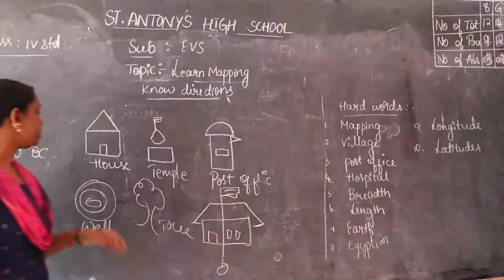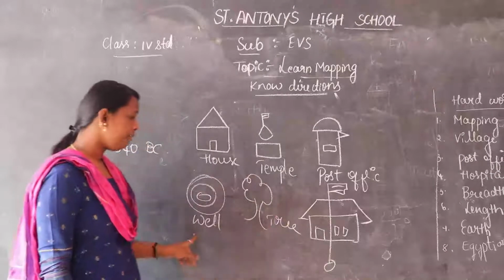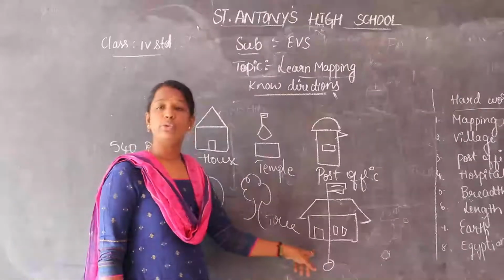So here are some symbols: house, temple, post office, well, tree, school, etc.